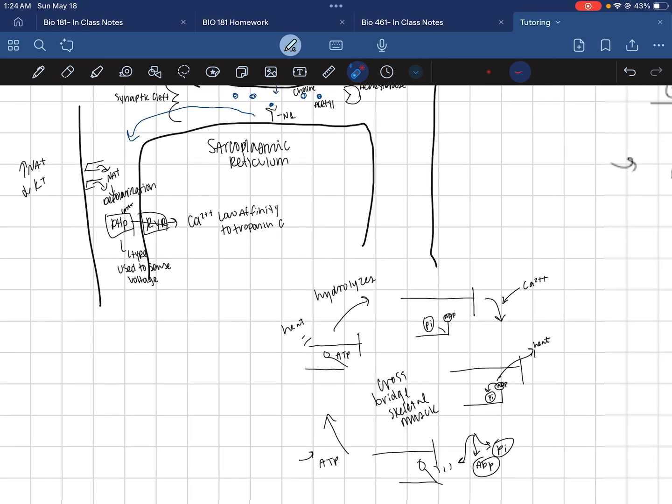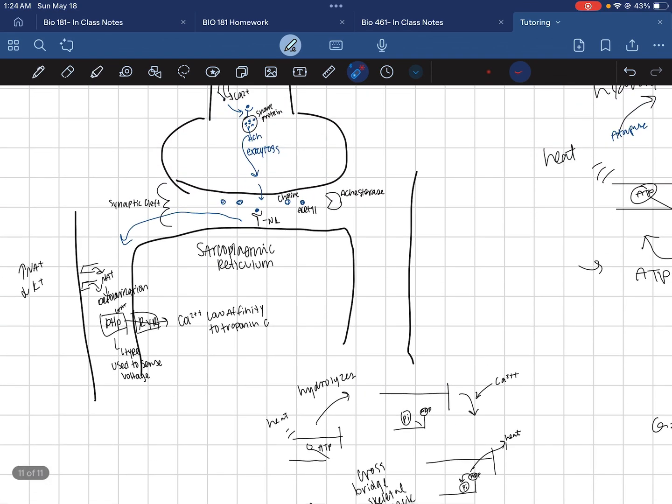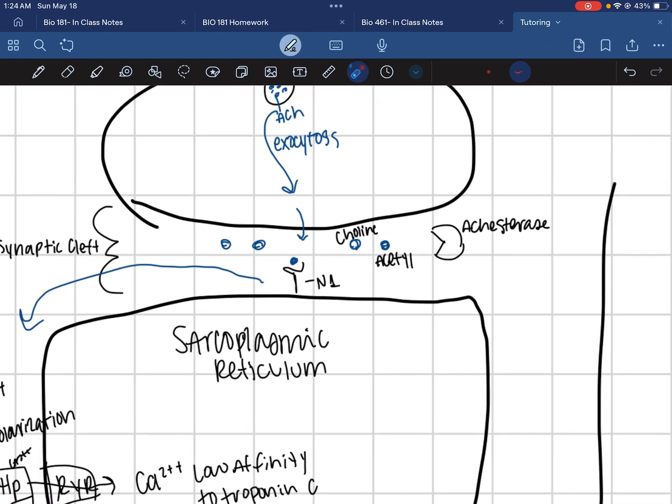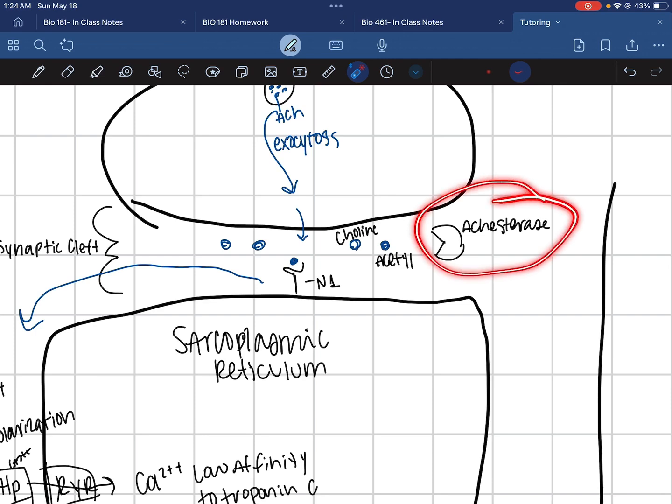And then acetylcholine, we're going to jump back to this right here. If it wasn't terminated, the signal would continue to induce action potentials. So we don't want that, because that would mean continuous muscle contractions or spasms. We have acetylcholinesterase, which breaks down acetylcholine in the synaptic cleft.